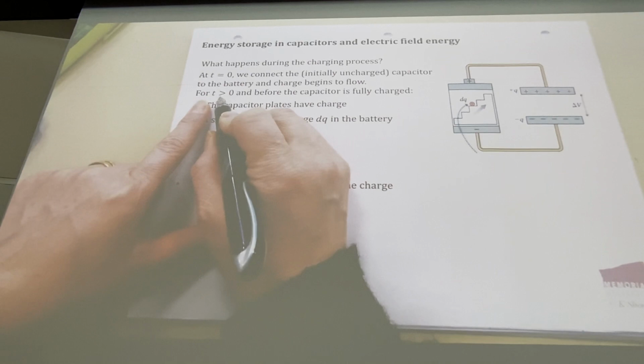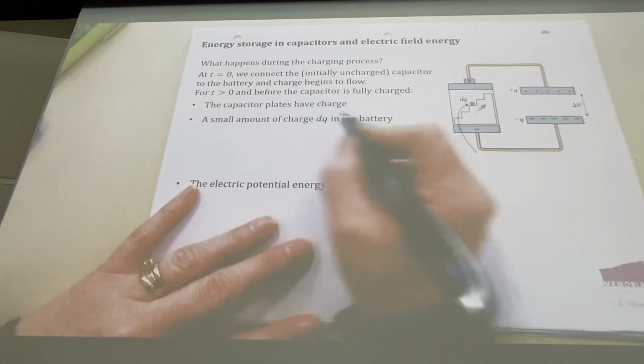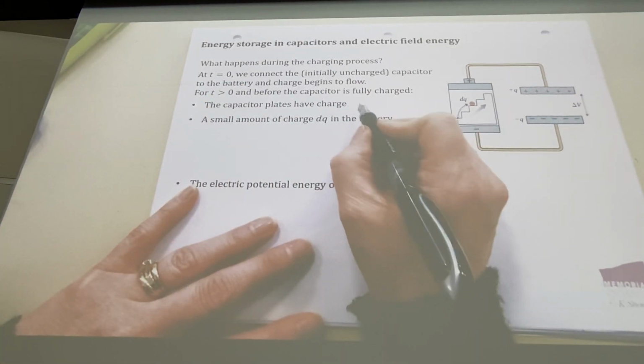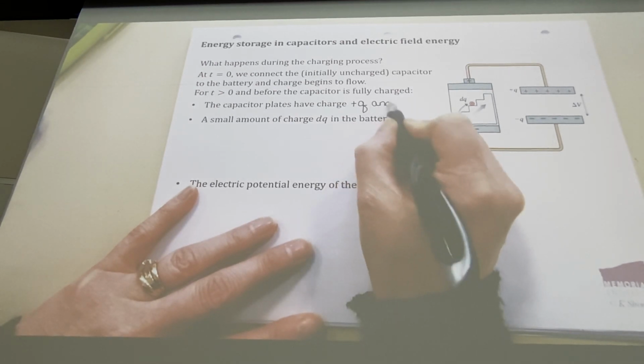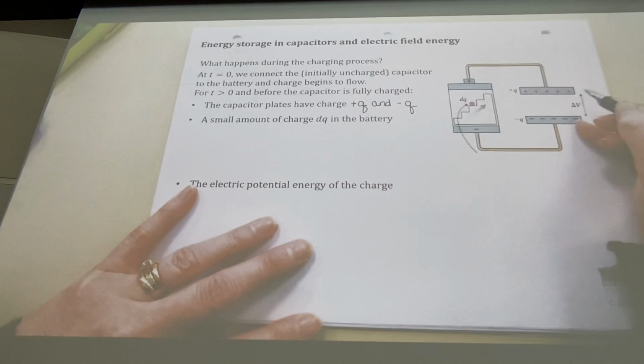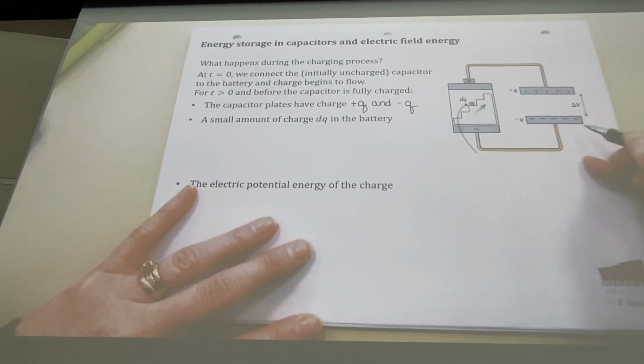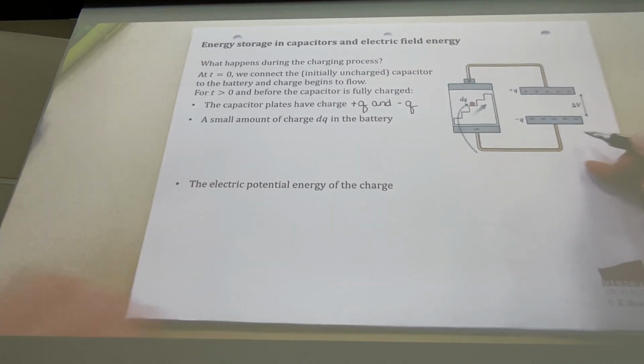So after we get started, but before it's fully charged, each capacitor plate is going to have charge we'll call plus q and minus q. So the positive plate will have a little bit of positive charge, the negative plate will have the same amount of charge, but it will be negative.